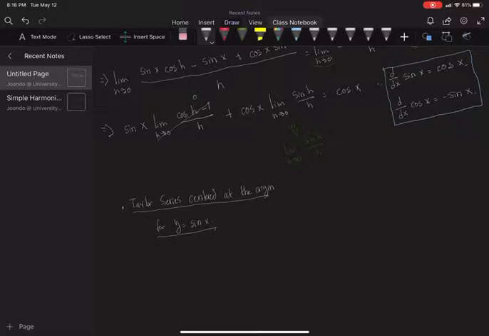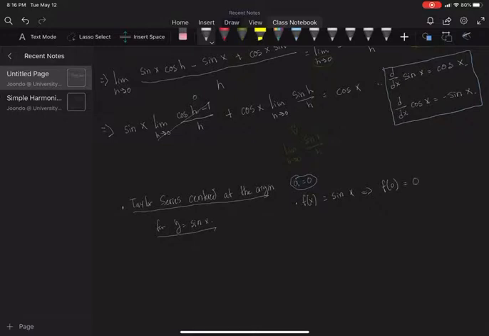Alright, so it's the same thing. It's centered at 0, so a equals 0, because it's centered at 0. So f of x is sine x. f of 0 is what?